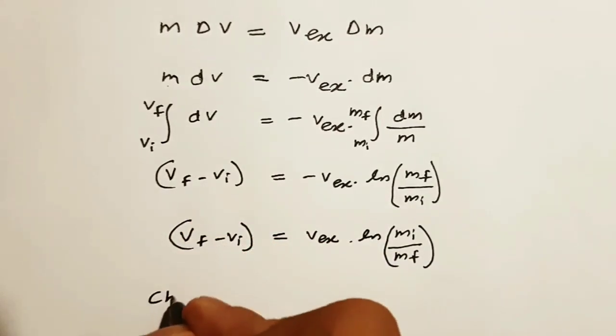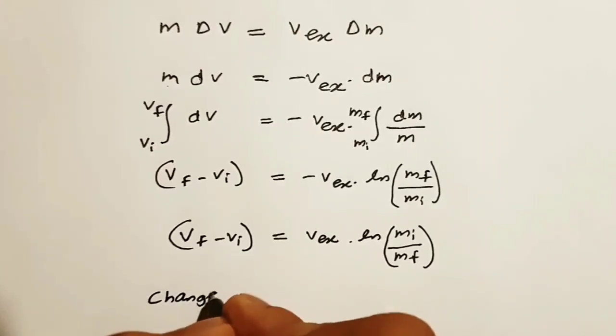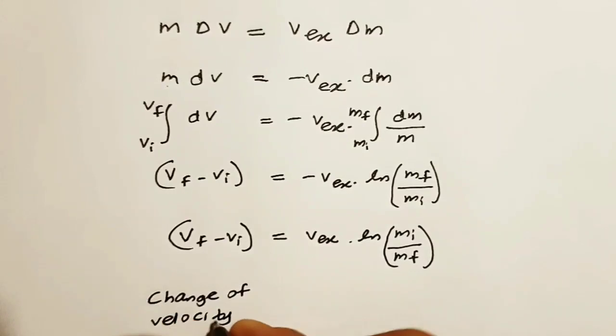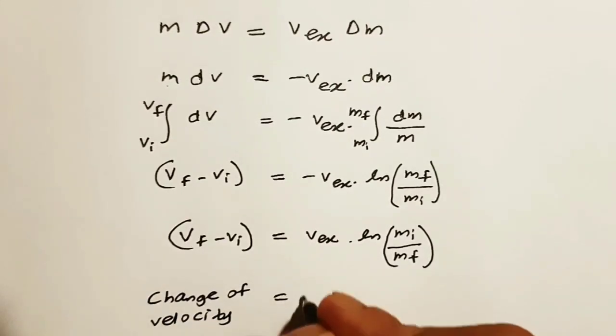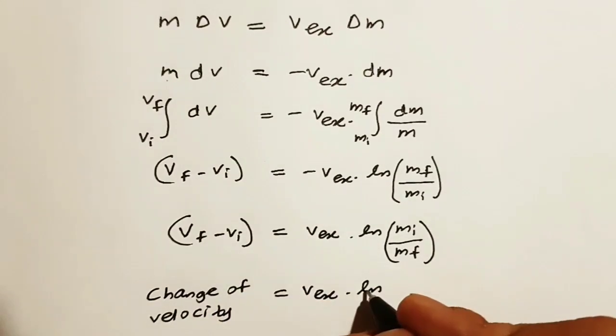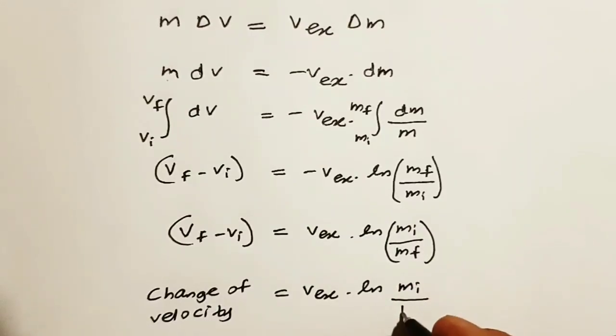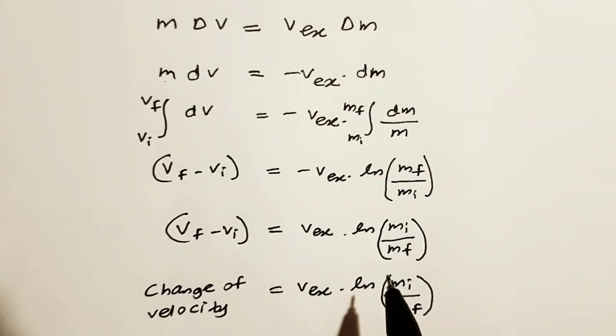So the change of velocity of the rocket in the direction we considered is equal to v exhaust times ln of initial mass over final mass. These are the two scenarios associated with rocket propulsion problems: the change of velocity and the thrust.